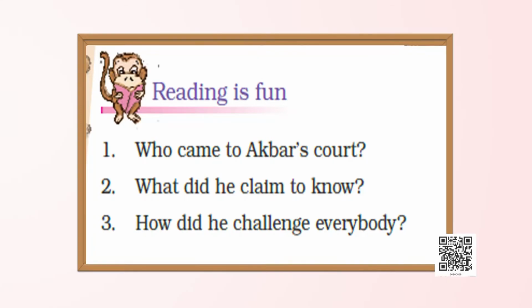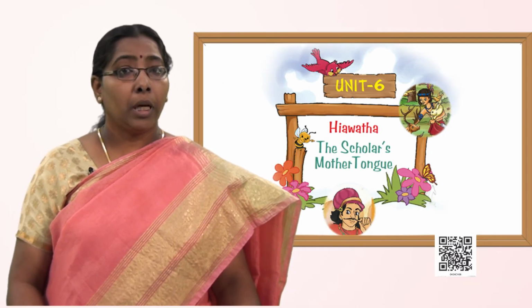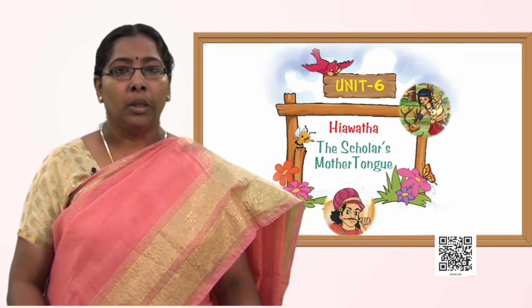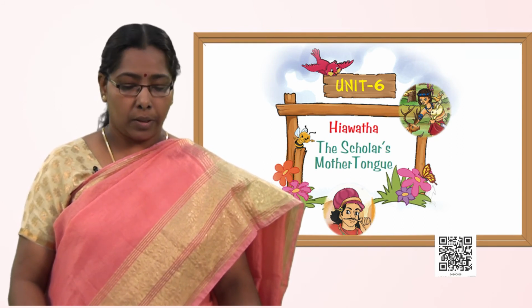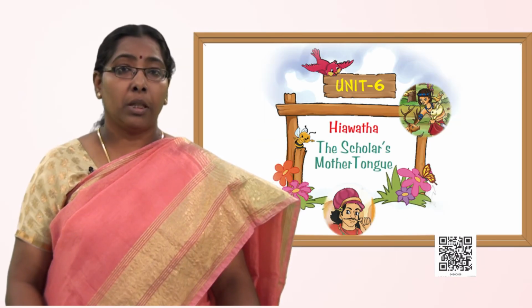Question number 2, what did he claim to know? He claimed that he knew many languages, isn't it? Yes, that's a correct answer. Question number 3, how did he challenge everybody? He challenged everybody to name his mother tongue.